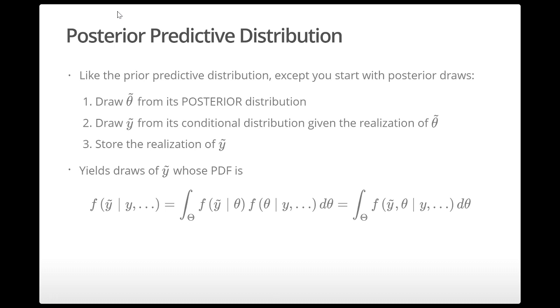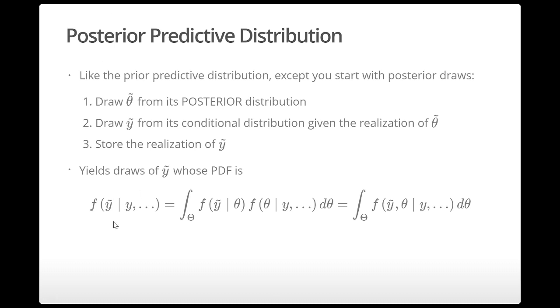But then you condition on each of those draws from the posterior distribution to draw a realization of the outcome from its conditional distribution that you could then store. And those draws of y tilde constitute what you would predict future y to look like given your updated beliefs about the parameters. And so those draws of your predictions for future y have a PDF that can be expressed like this.